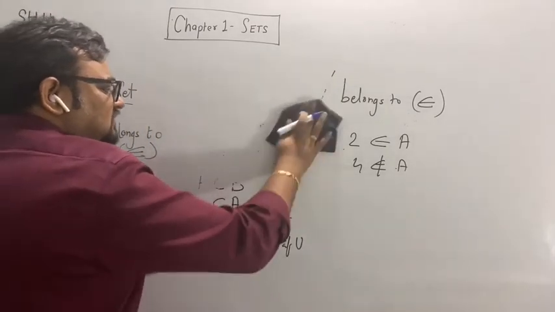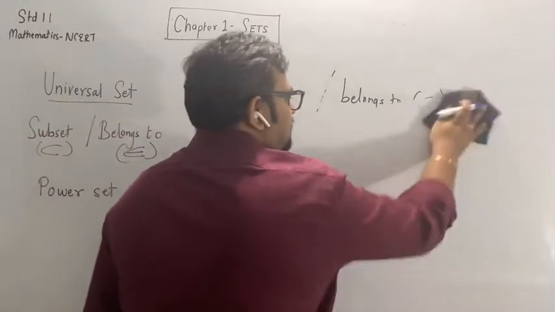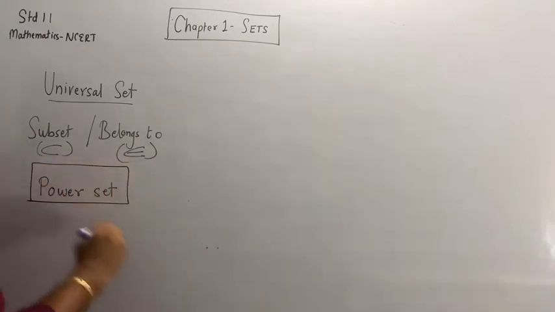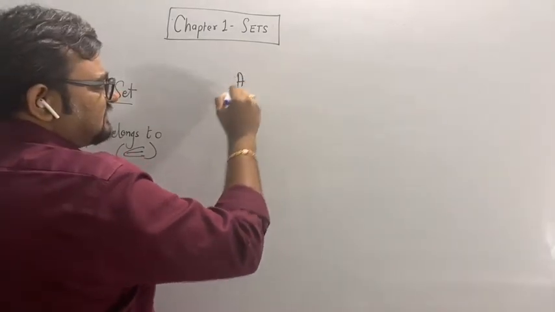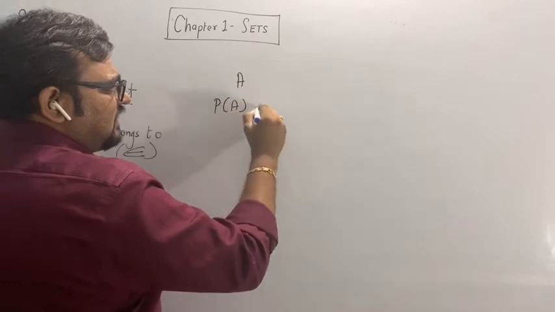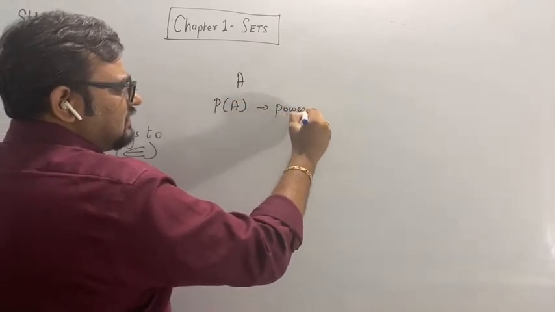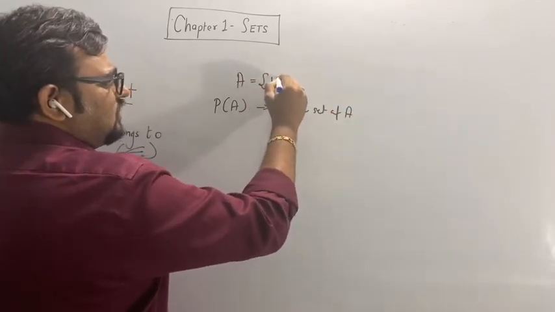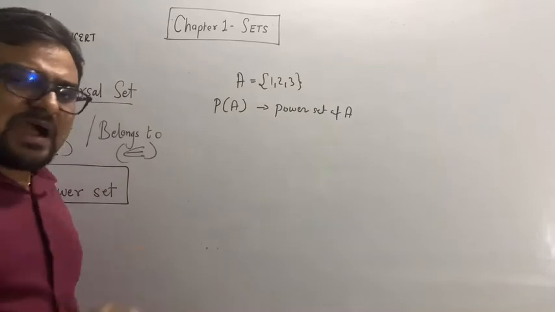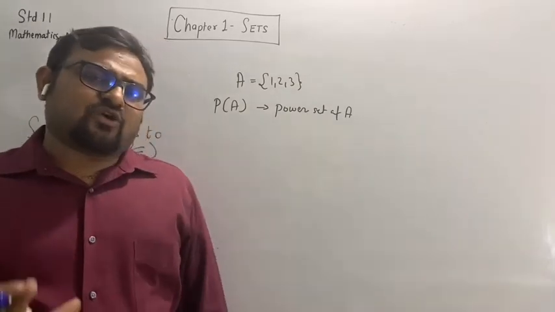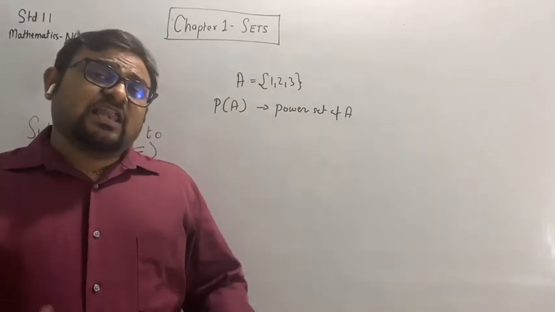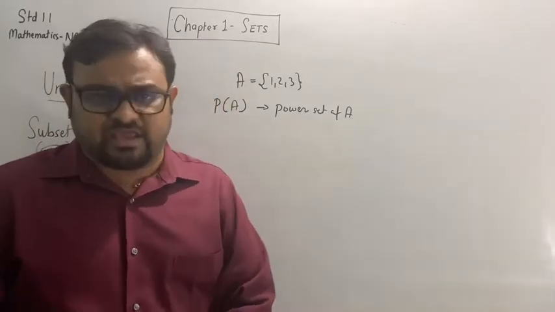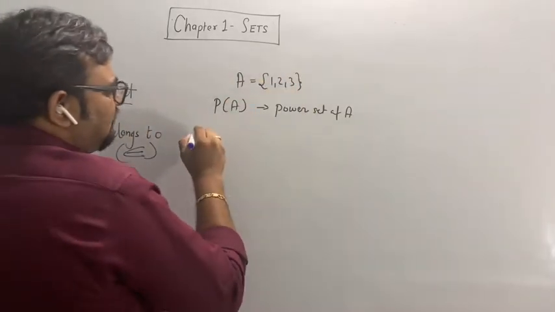Next, power set. Power set means if A is a set, then P of A is the power set of A. Let's take A as {1, 2, 3}. Now, what is the power set of A? Power set of A is the list of all the subsets of A. Now, see, what are the subsets of A?